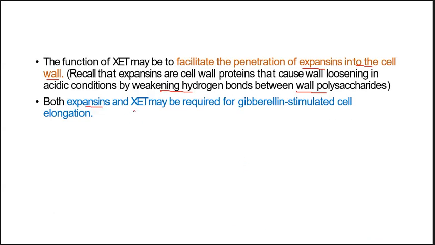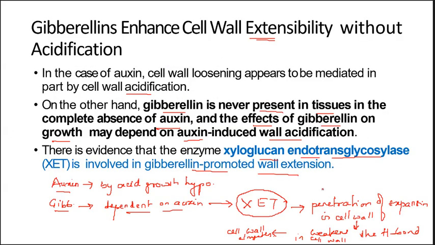So both expansin and Z may be required for gibberellin stimulated cell elongation. In summary, cell elongation by auxin is by the acid growth hypothesis, and gibberellin cell elongation is somewhat dependent on auxin. But it was believed that there is another enzyme named Z which has been found to promote gibberellin promoted cell wall extension, and this Z helps in the penetration of expansin in the cell wall.